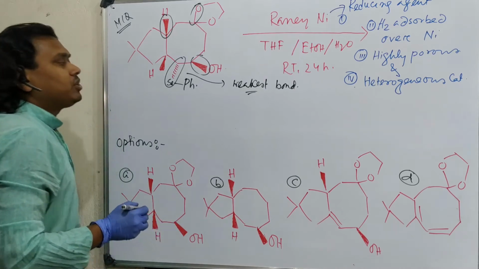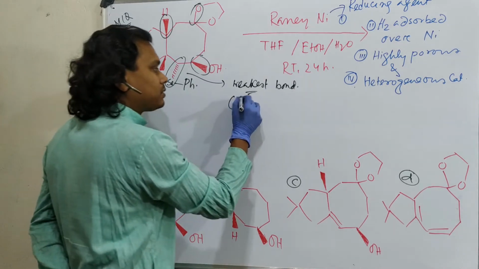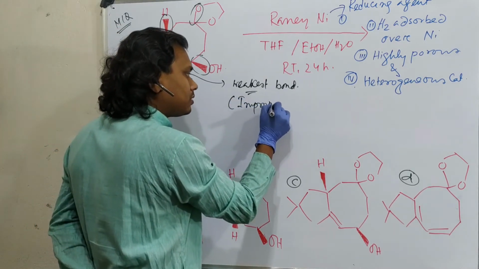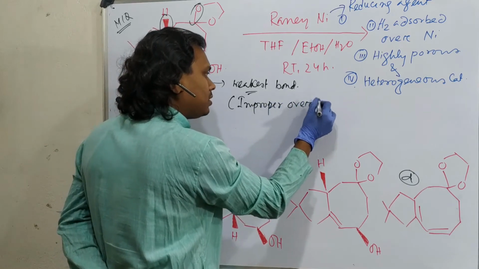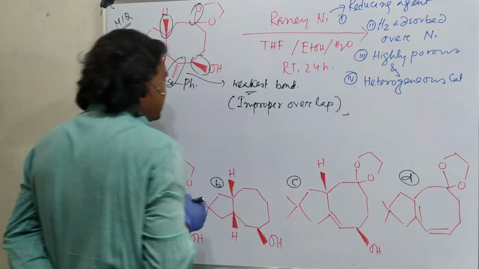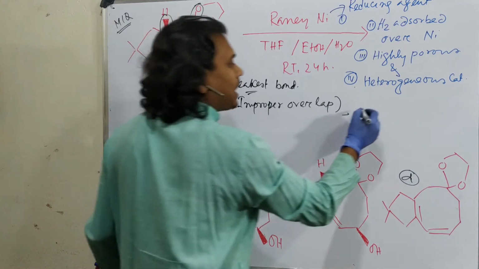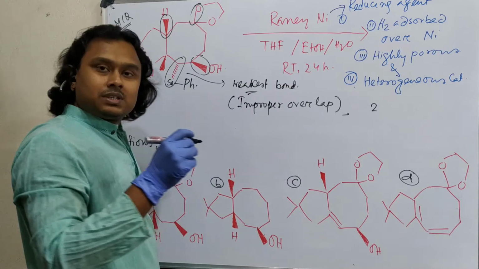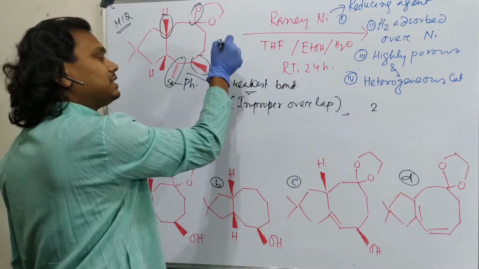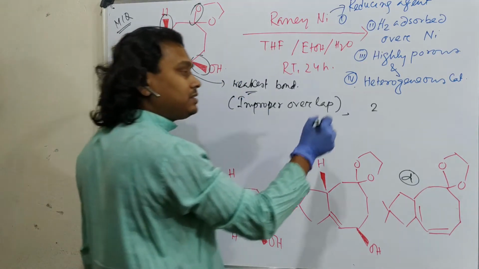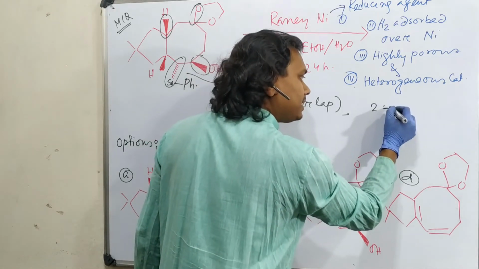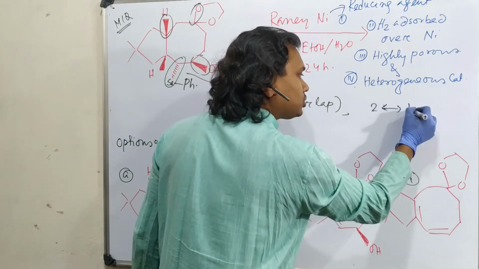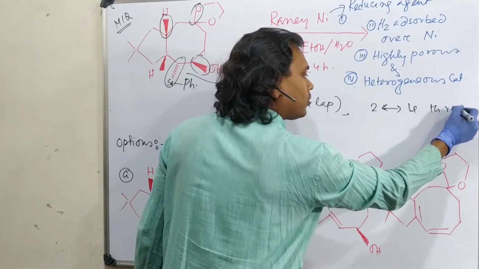And actually this carbon-selenium is the weakest bond. Why? Because of improper overlap. Why am I saying the word improper? Because carbon is a second-row element, and oxygen, sulfur, selenium are second, third, fourth row, so it is second versus fourth row overlap.